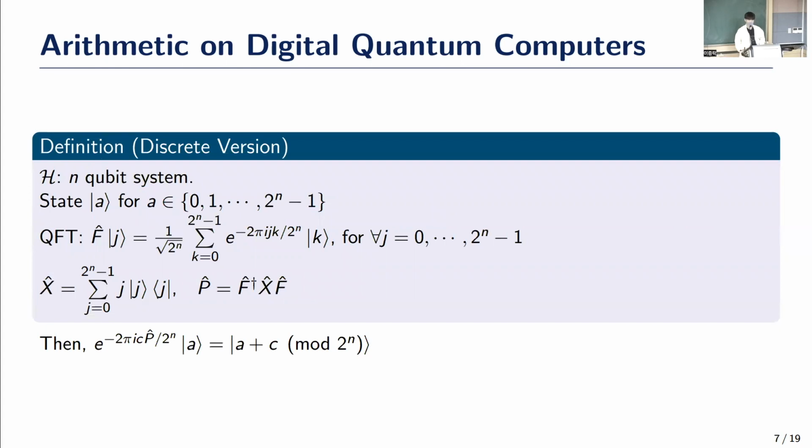Now let's consider a discrete version. In an n-qubit Hilbert space, suppose that the position state consists of 2 to the n distinct states, and the quantum Fourier transform corresponds to the Fourier transform, and this x operator corresponds to the position operator, and the momentum operator can be represented as F dagger x F. Then the following operator acts as shifting the position by c modulo 2 to the n.